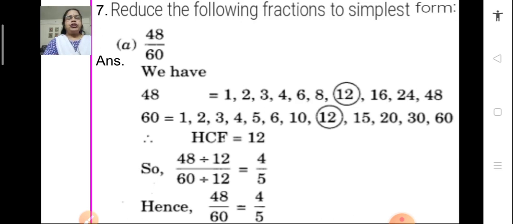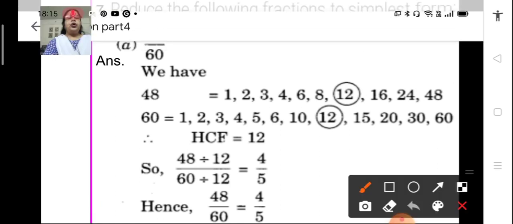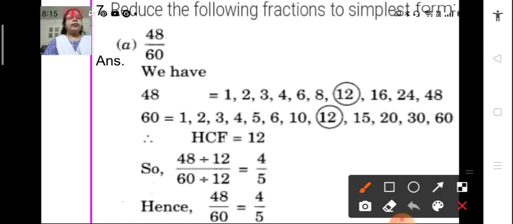So here we have 48 upon 60. We write all the factors of 48 and factors of 60. What is the highest common factor, HCF? You can find the HCF by the other method, the prime factorization method also, as we have learnt.